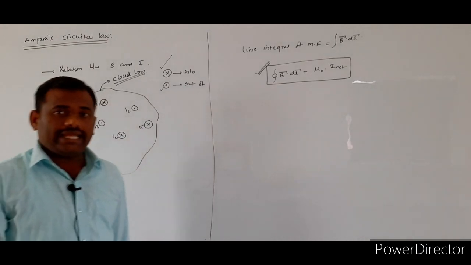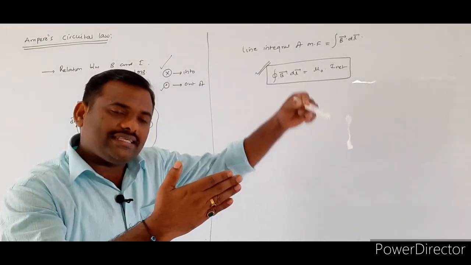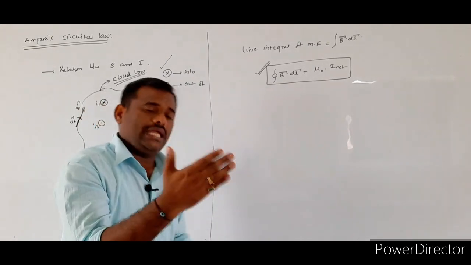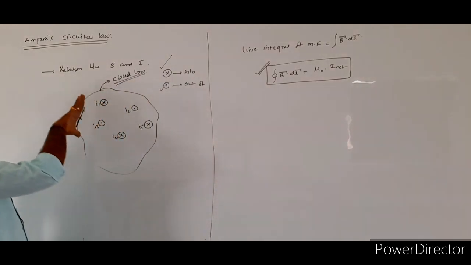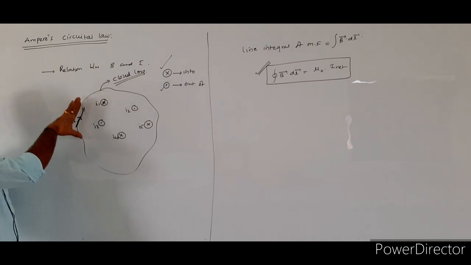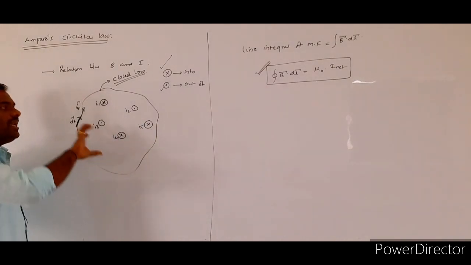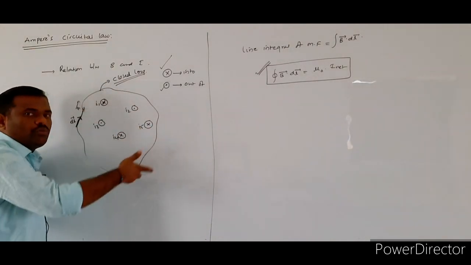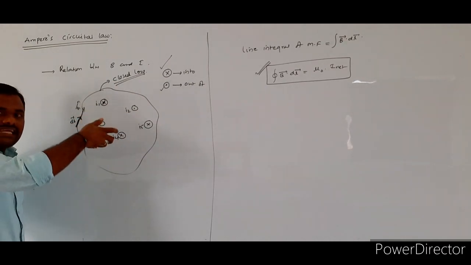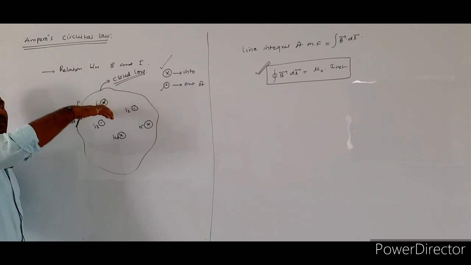So what we have to do? We have to open our right hand and place the fingers in the direction of the dl bar. After placing the fingers in the direction of the dl bar, in which direction you are going to integrate, in which direction you are going to move, in which direction you are going to calculate the resultant magnetic field, in that direction you must curl your fingers.